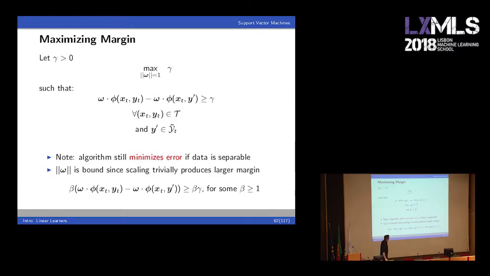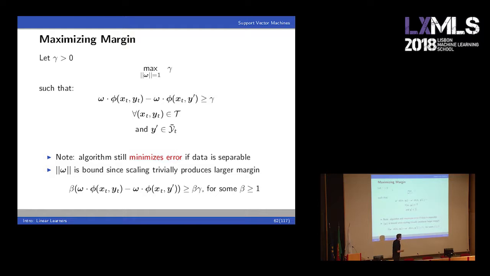So let's set up this problem explicitly as an optimization problem. Let's say gamma denotes our margin. We want to maximize the margin subject to the constraint that the norm of the weight vector equals 1, the same argument as before.